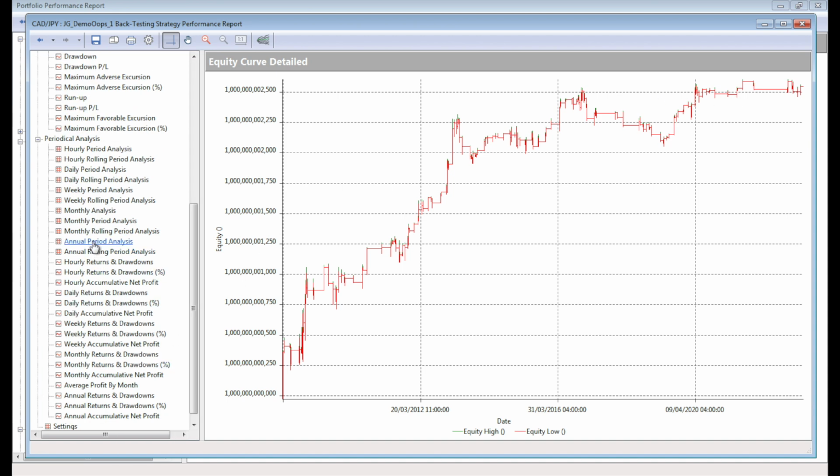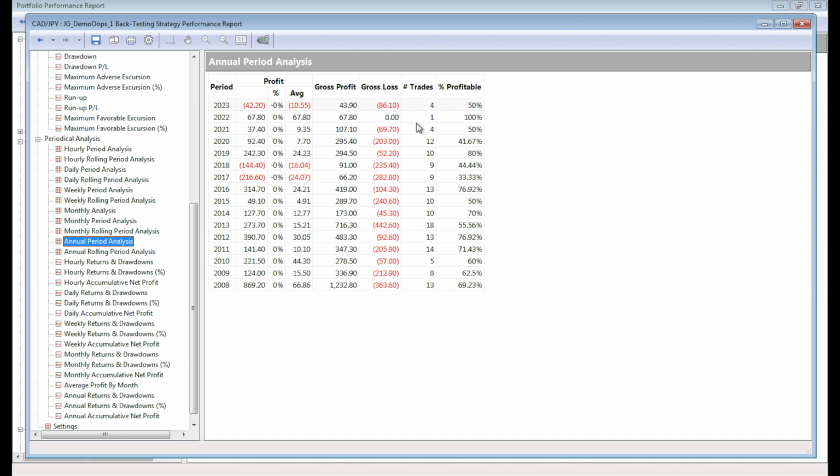And looking at the amount of trades we've got, disregard 2023, we're only halfway through the year, but 2022, 1 trade. In 21, we made 4 trades. Whereas in the early years, I suppose in 9 and 10 we didn't make many, but certainly from 11 through to 16, we were making trades in the double figures quite often.